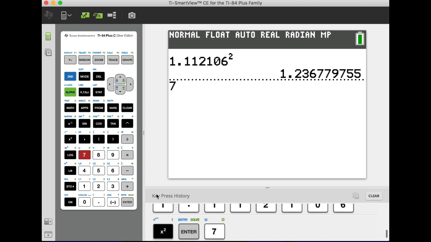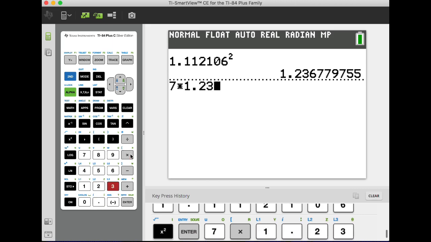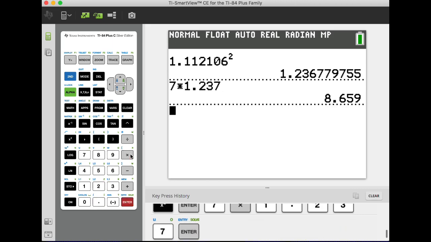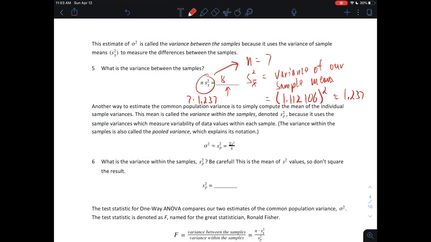So 7 times 1.237, and I get 8.659. So there's a lot to do in that. We had to calculate the variance of the sample means using a list. Then we had to multiply 7 times that variance, and that gave us our final answer of approximately 8.659.